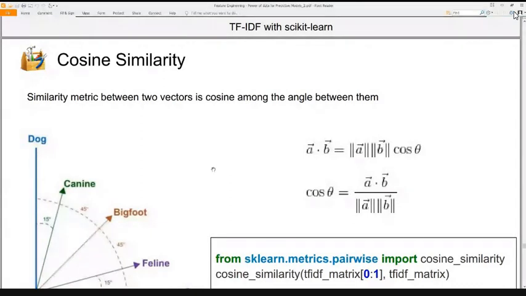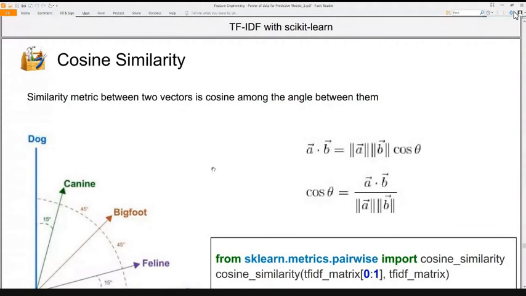So what cosine similarity does is look at the user's question and ask which frequently asked question it most closely represents. Then you return the output, the answer to that question.